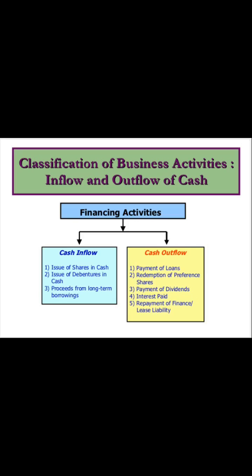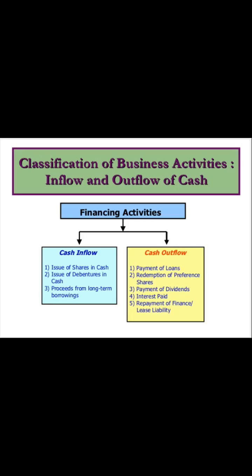It is a very usual method used by firms to issue their shares or debentures, and by issuing shares and debentures, the public deposit money as their ownership in exchange for the shares which they are going to receive. So that amount deposited by the public would be termed as a cash inflow for the firm.